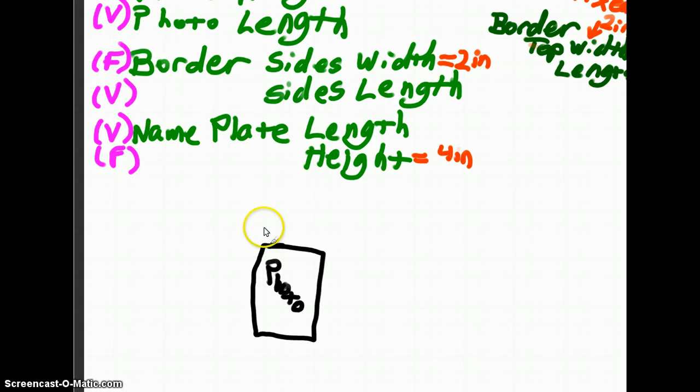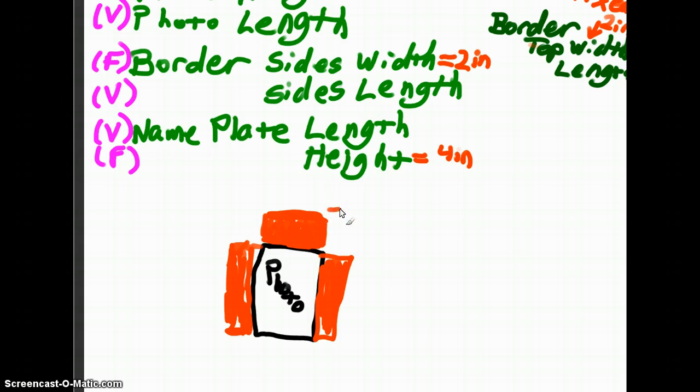We know that this border is going to go across the top, just like this, and it's also going to go along the 2 sides of the photo. So it's going to look something like this. And then you're going to get the same thing over here. So just coloring that in real quick.